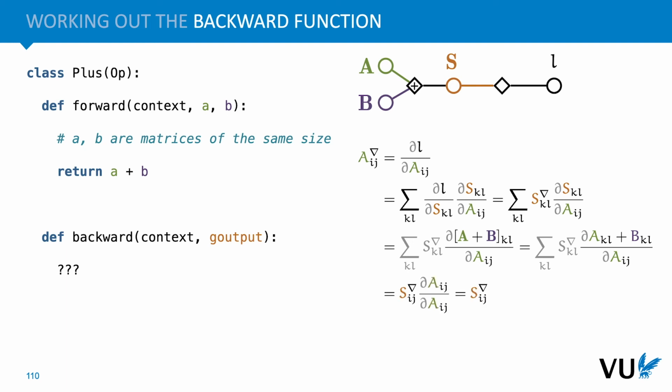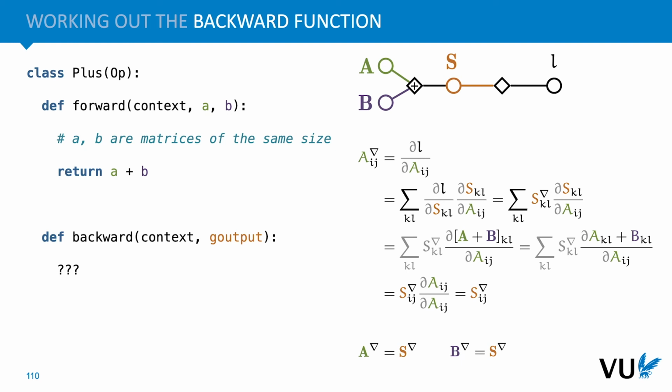The derivative that we have to finish is just a_ij over a_ij, which is 1. So we are left with a very simple result: the derivative of the loss with respect to a_ij is simply the derivative of the loss with respect to s_ij. Vectorizing this is very simple. The derivative of A, so A nabla, is equal to S nabla, and the same derivation applies to B, so B nabla is also equal to S nabla.